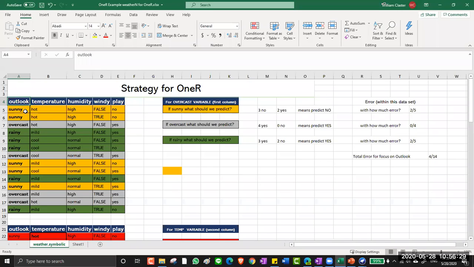So I color-coded it according to the different values of outlook. Sunny is yellow, overcast is gray, and rainy is green. So if it's sunny, then what should we predict? How do we decide?